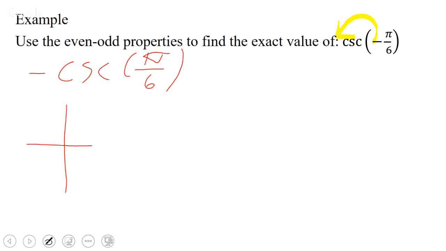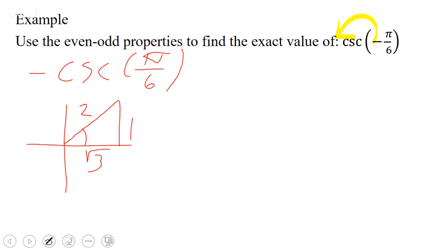Well, pi over 6 is in the first quadrant. Pi over 6 is 30 degrees, remember. So if this is 30 degrees, we have a 1, 2, square root of 3 triangle. So across from the 30 is 1. 2 is the hypotenuse. Square root of 3 is what's left. So there's my triangle.